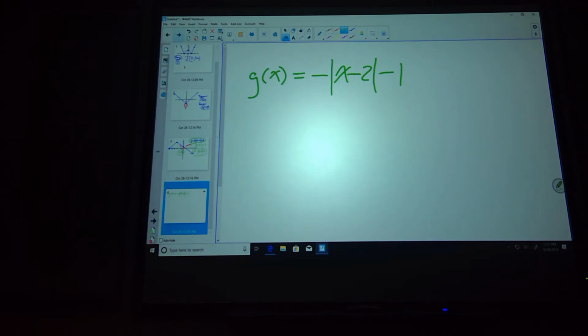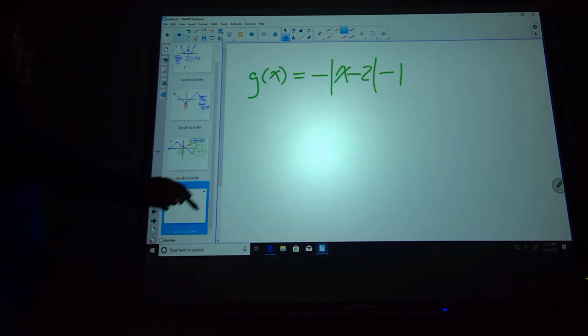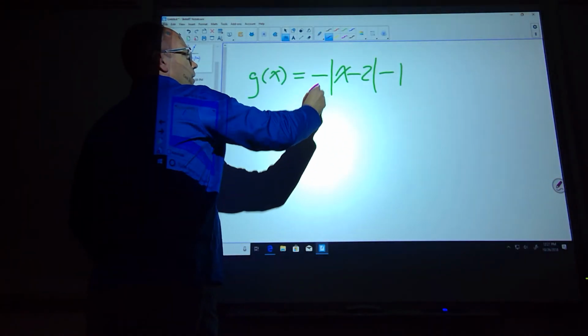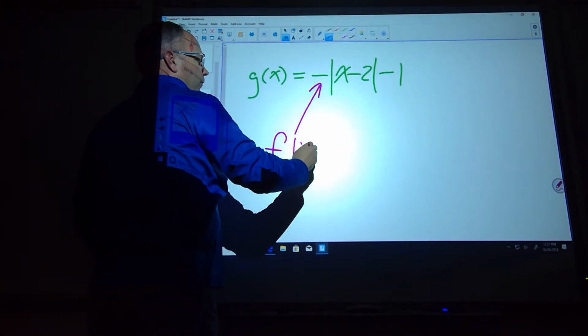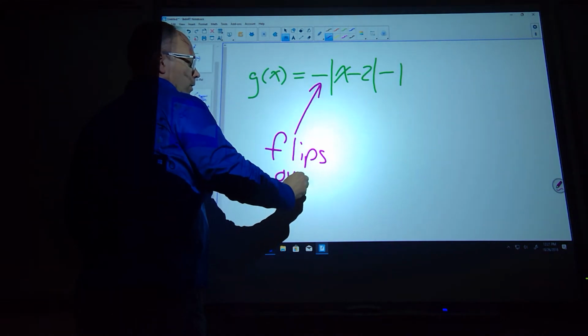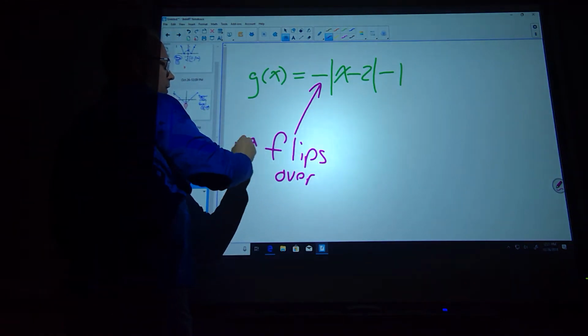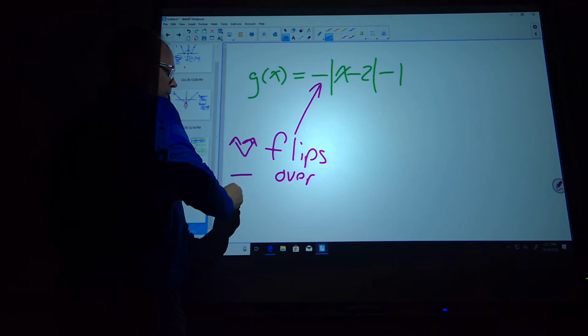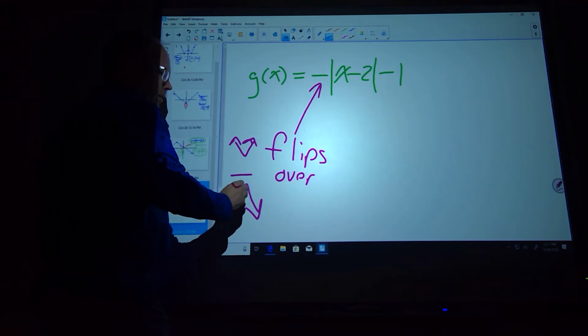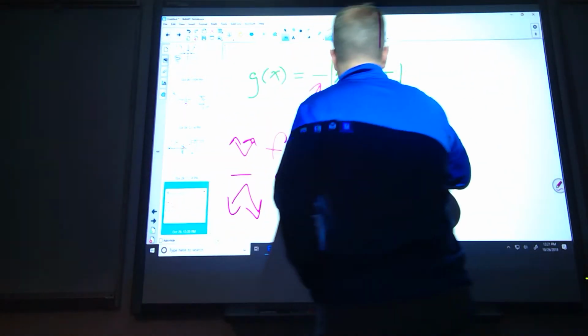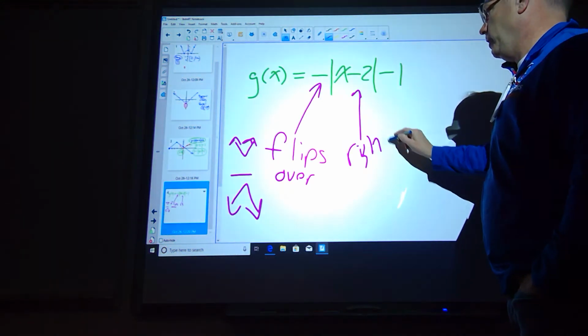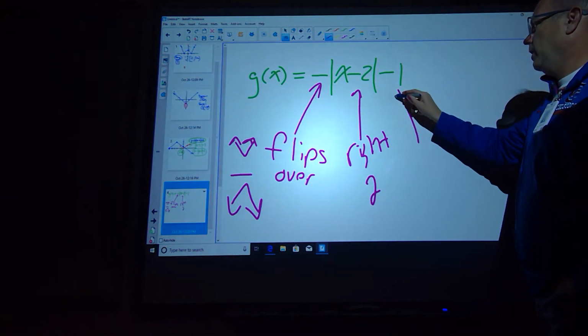What does the negative out in the very front do? It flips it. So we have a flip over. It goes from this, and because it's negative, it's going to make it look like that. And then this is a right 2, and this is a down 1.